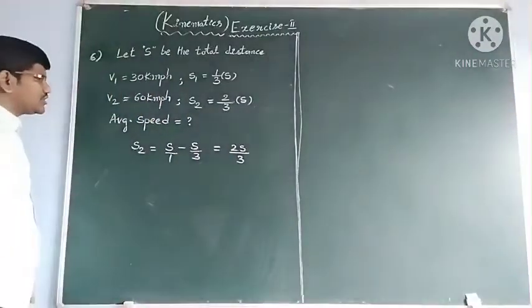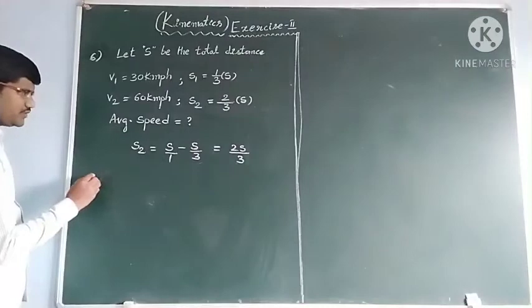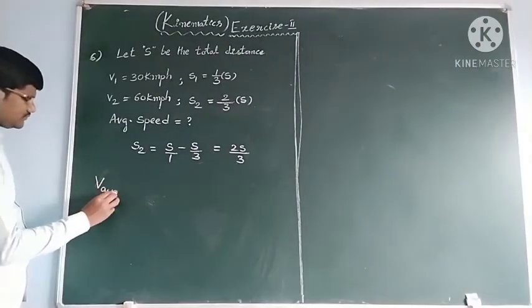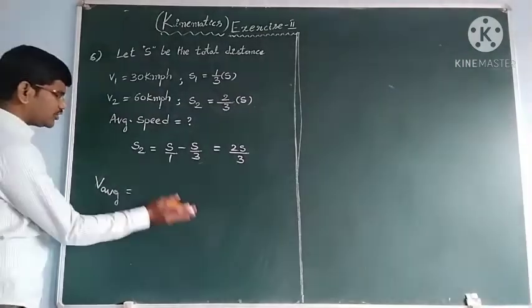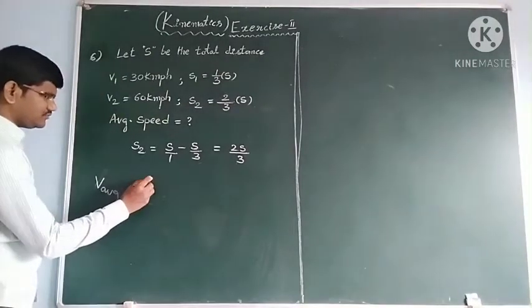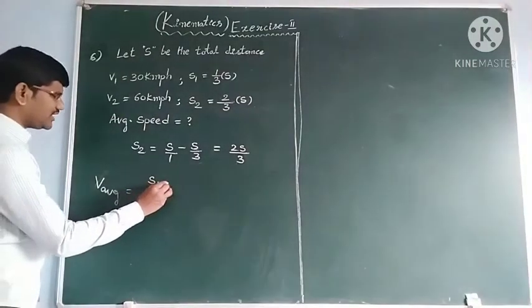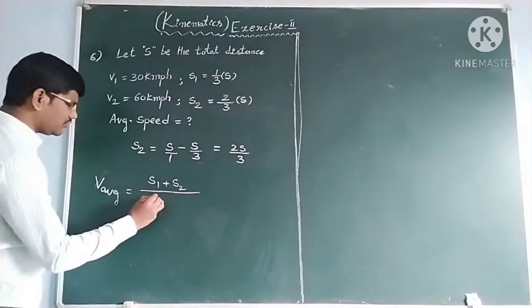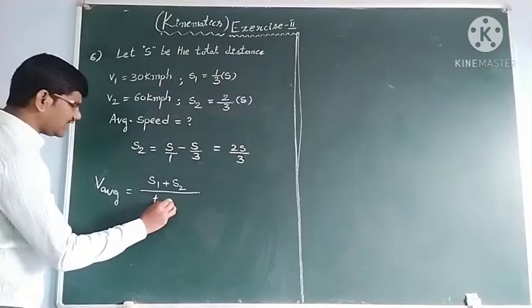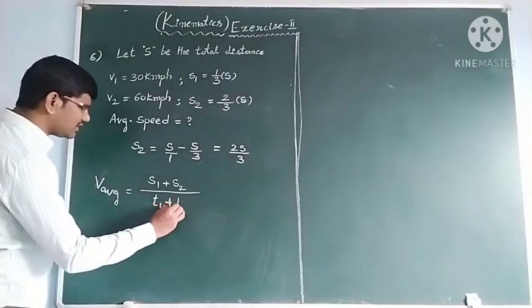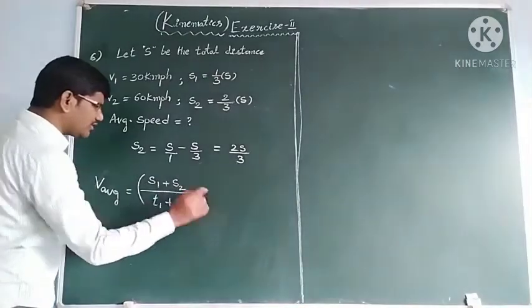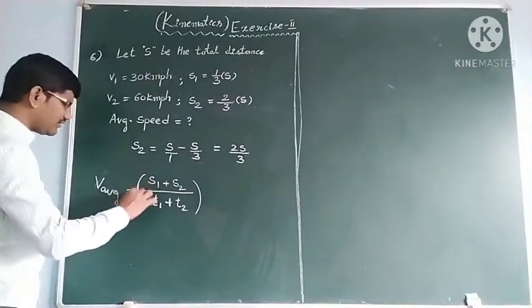Now the question is the average speed. Average speed is equal to total distance, that is s1 plus s2, by total time, t1 plus t2. So total distance by total time we have to write.